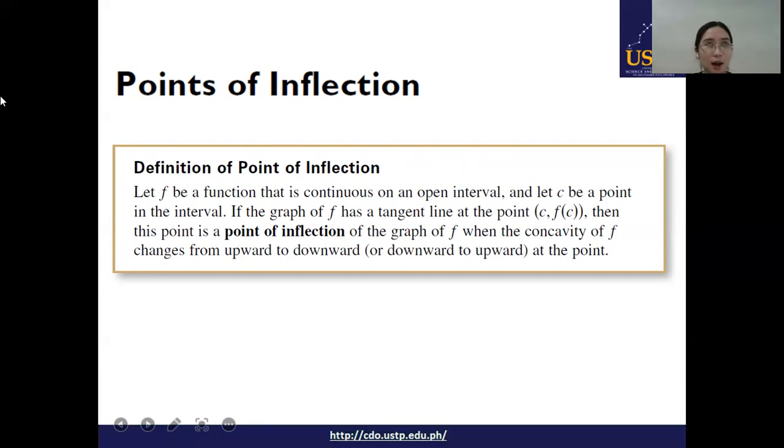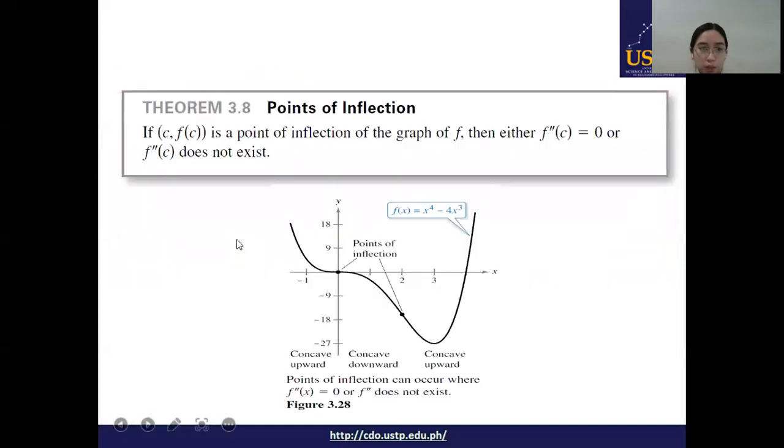So in our previous topics, polynomial curves part 1, we had the critical point, in which it can be non-differentiable or its first derivative is equal to 0. So here, we have what we call the point of inflection, in which the concavity of f changes from upward to downward or downward to upward. So that is the point of inflection.